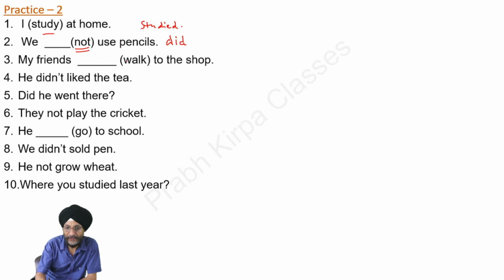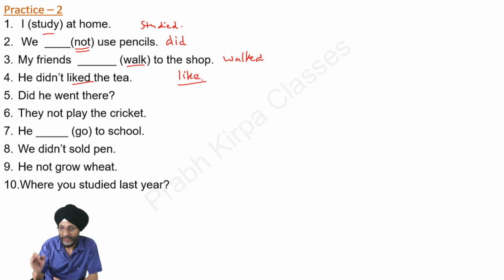Next, my friends walk becomes walked. My friends walked to the shop. Next, he did not liked. We have to use the first form of the verb, and the first form of the verb is like. So he did not like the tea.